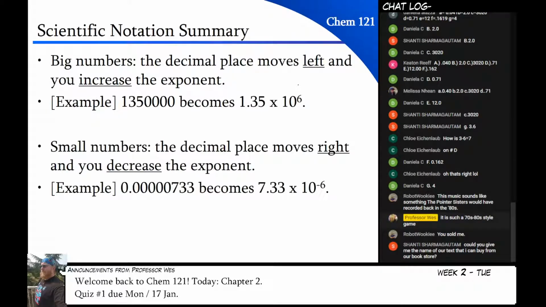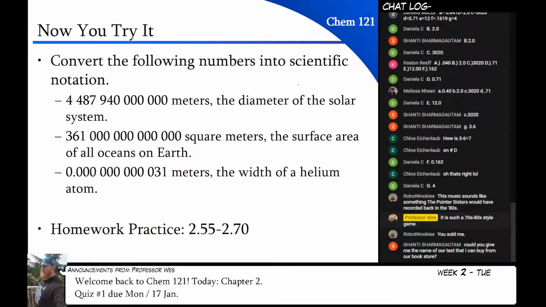So there's our summary. Big numbers, the decimal place goes left. Your exponent increases. Small numbers, the decimal place goes to the right, and your exponent decreases. That should be pretty straightforward. Now, typing these into the chat is kind of impossible in scientific notation, but do the best that you can.